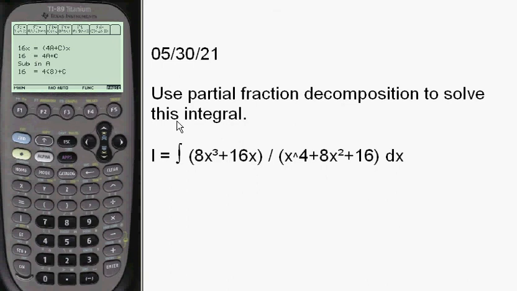And then 16x: here we have 16x is 4a plus c times x, so 4a plus c is equal to 16. We sub in a, 8, and come up with 16 equals 32 plus c. We subtract 32 from the left side. c is equal to minus 16.